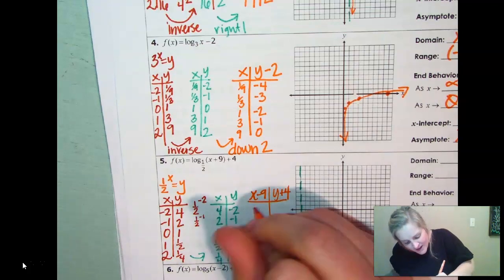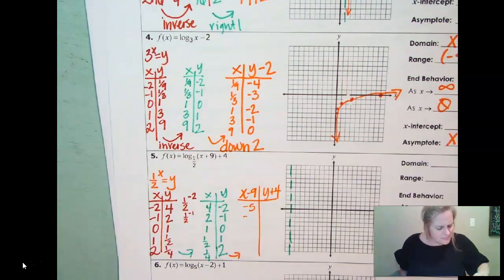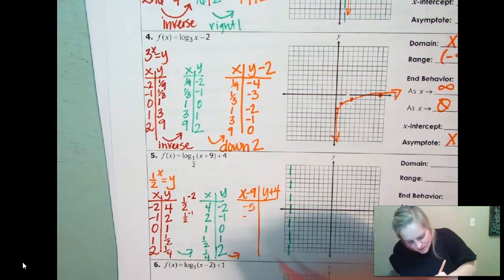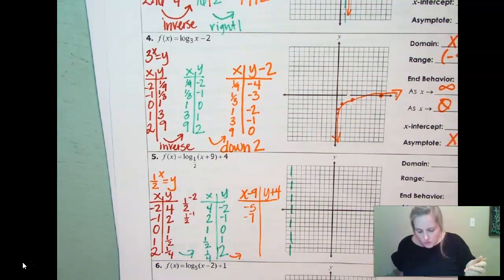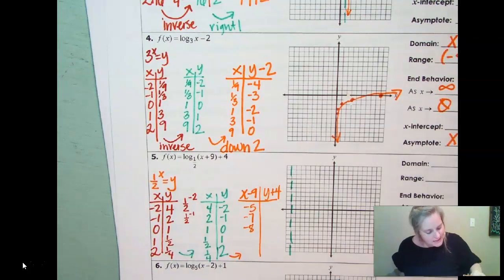That's negative 5. 2 minus 9 is negative, hold on, let me make sure I do this right. I don't want to mess this up. 4 minus 9 is negative 5. I did that right. And then 2 minus 9 is negative 7. That's what I was going to say, but I was doubting myself. 1 minus 9 is negative 8. 1/2 minus 9.